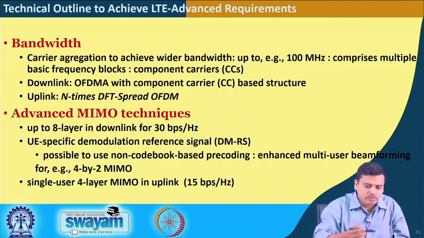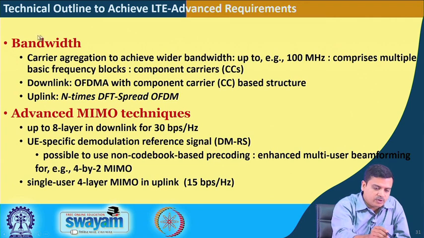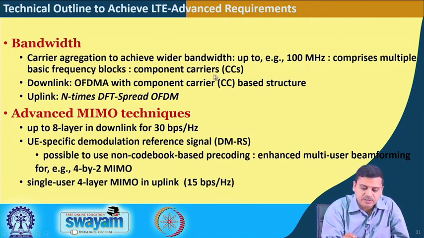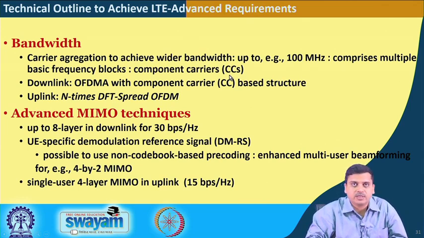Now, we look forward to the technical outline to achieve the LTE-Advanced requirements. In terms of bandwidth, up to 100 megahertz, which comprises multiple basic frequency blocks or component carriers, can be used. So, this is an enhancement.